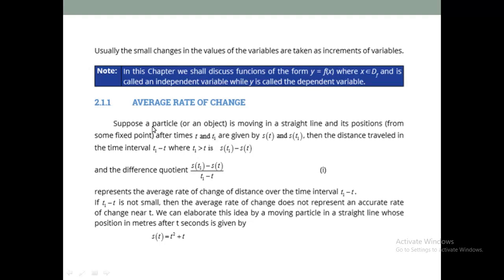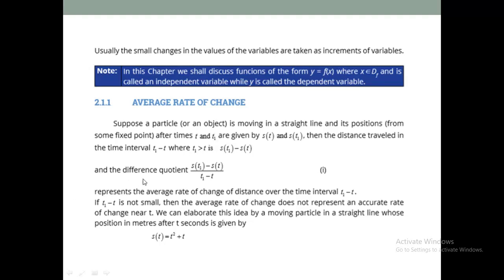Average rate of change. Suppose a particle is moving in a straight line and its position from some fixed point after time t and t1 is given, where t1 is greater than t.